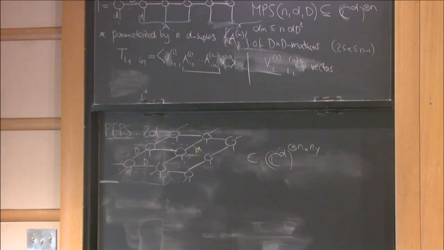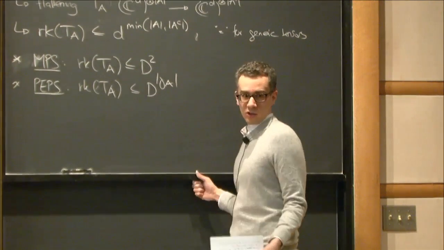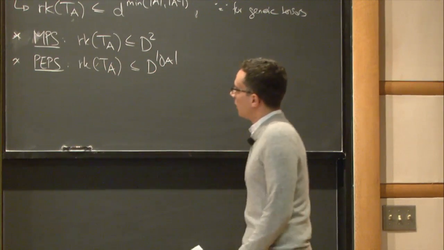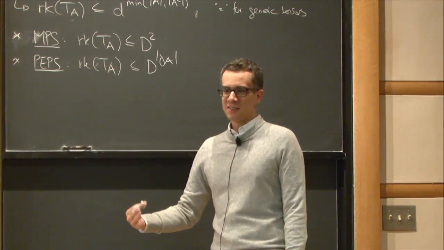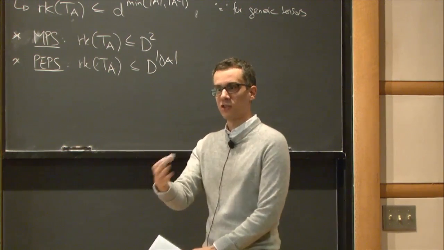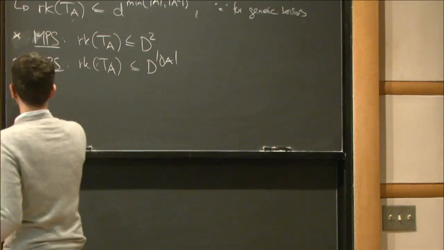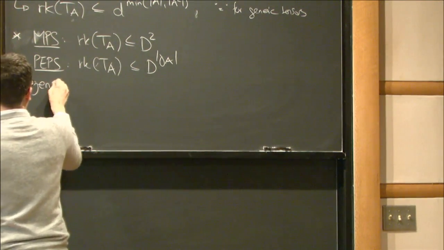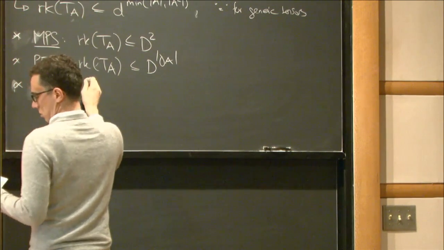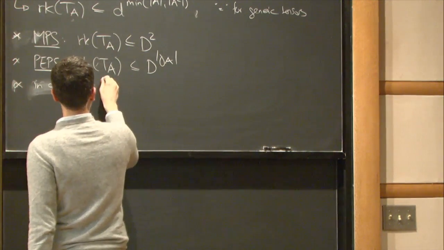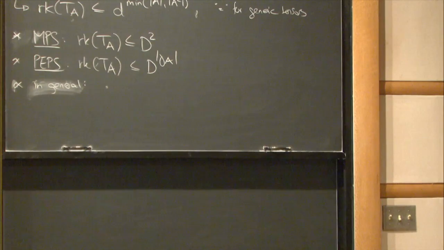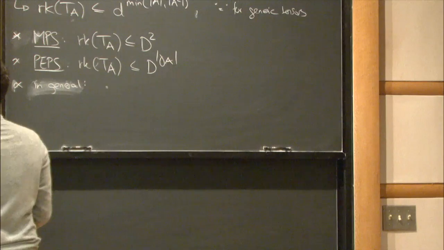The general picture is now clear. Whenever I have a general tensor network state based on some graph, and I want to bound the rank corresponding to some flattening, what I should look at is a minimal cut between A and A complement. I want to weigh this cut by the product of the dimensions of all the edges that I'm cutting. So in our usual setup, we have some graph G and a tensor network state T, and G has these dangling legs on delta.